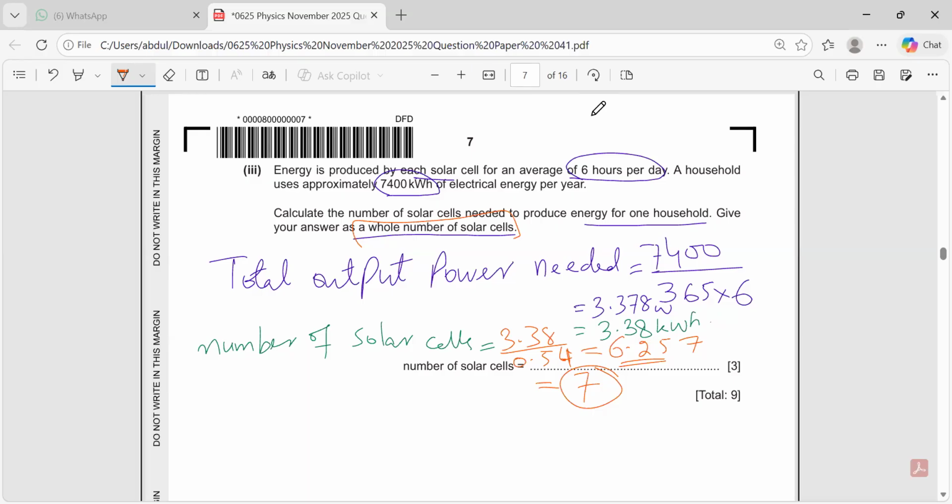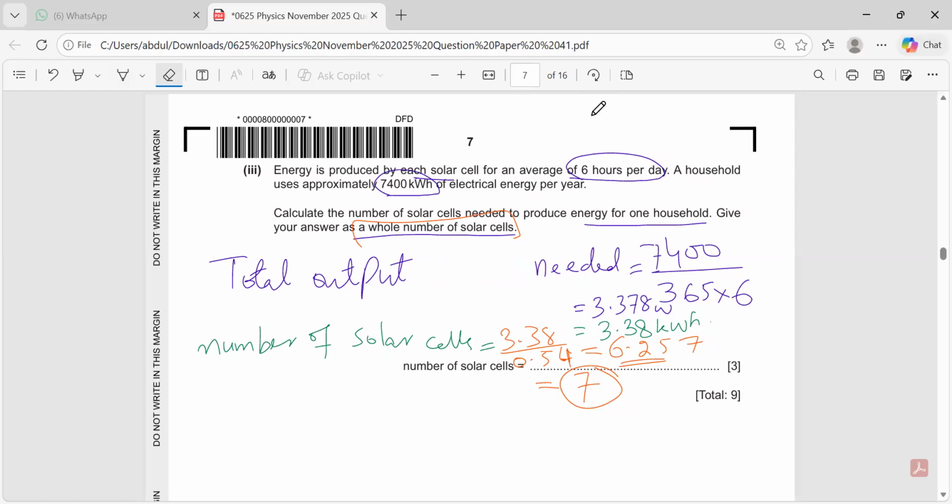Calculate the number of solar cells needed to produce energy for one household, as a whole number. First of all, we need the total output energy needed per day. Sorry, this is not power, because we are calculating kilowatt hour. This is total output energy.